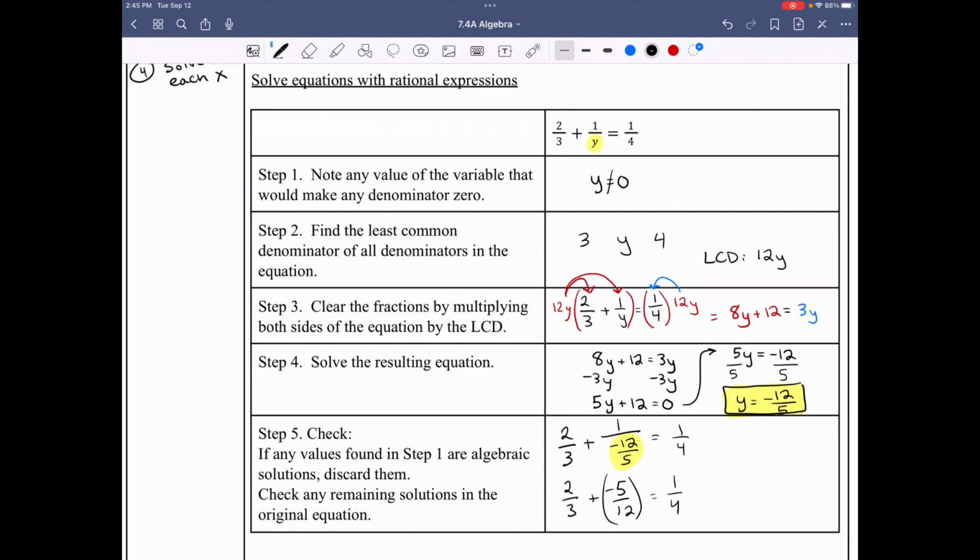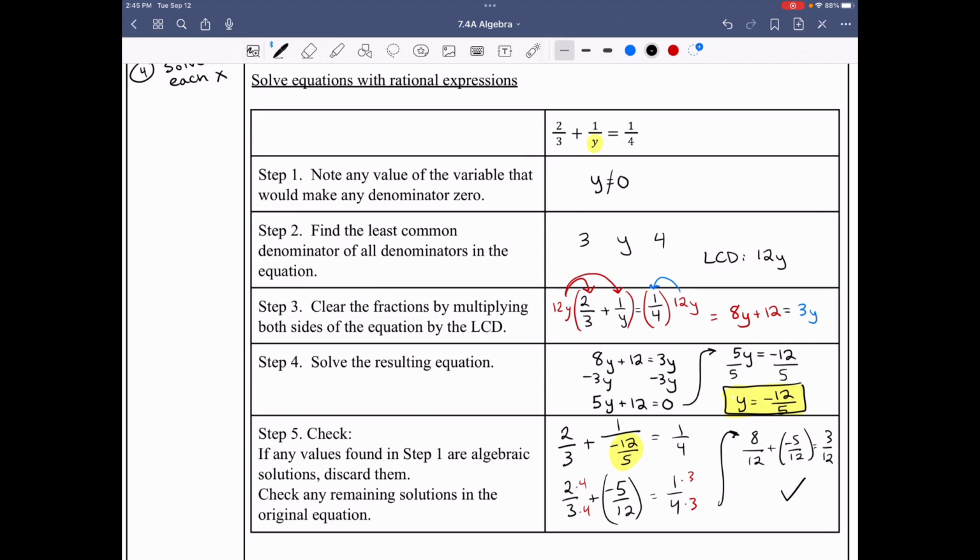So I'm going to multiply the 2/3 by 4, so I get a 12. I'm going to multiply the 1/4 by 3, so I get a 12. That gives us 8/12 plus -5/12 equals 3/12. And that is true, so it checks.